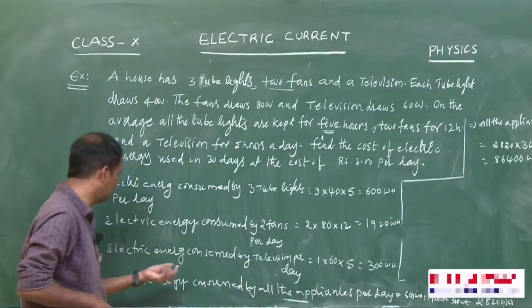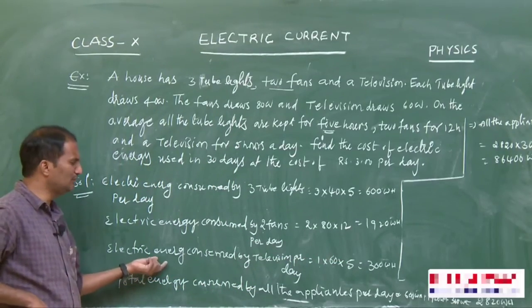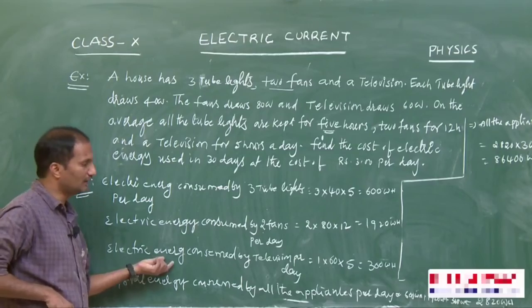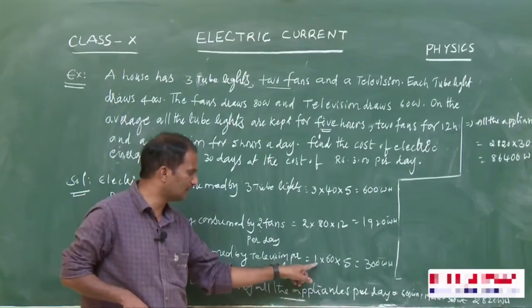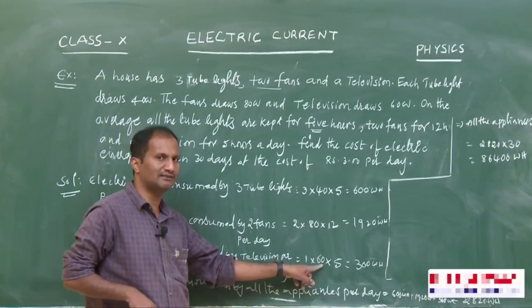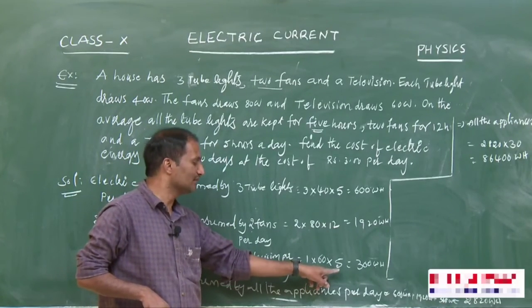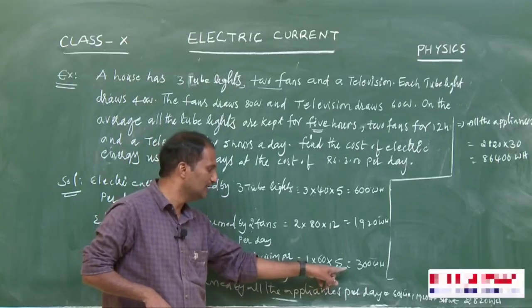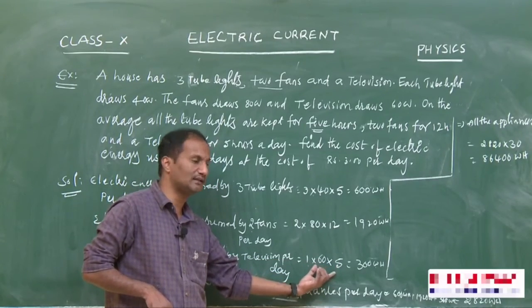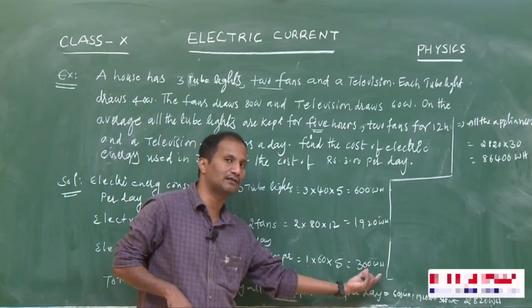Now we are going to calculate electric energy consumed by a television. We have only one television, 1 into the wattage of the television, which is 60, and the time duration of that television set is 5 hours. So it utilizes energy of 300 watt hours per day.